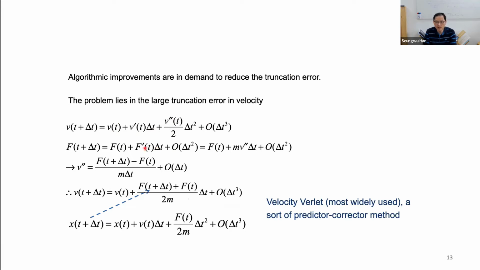We do not have it, but for the derivative of the force, we use finite difference: a prime times delta t is equal to F(t plus delta t) minus F(t), over delta t. But the caveat is that we have the information at t, and we want to predict t plus delta t, while what we need is actually the information in the next step.